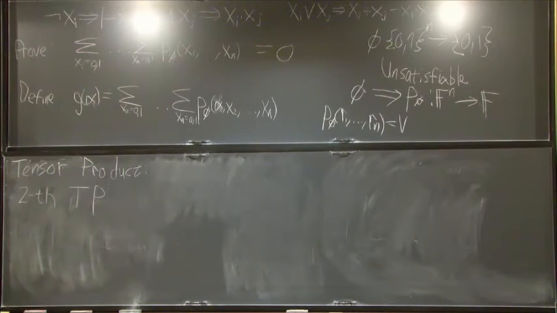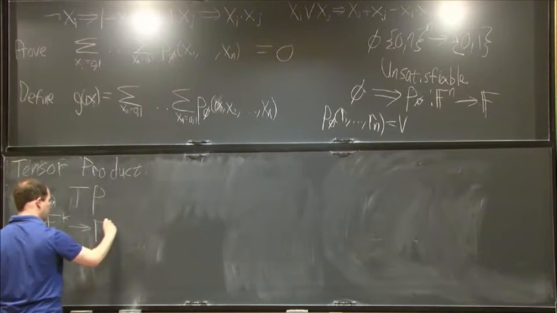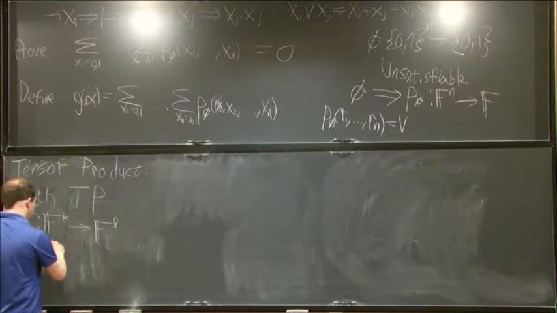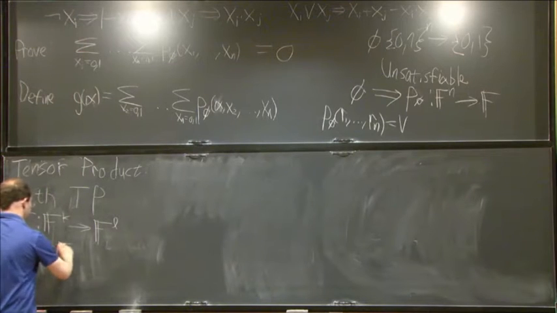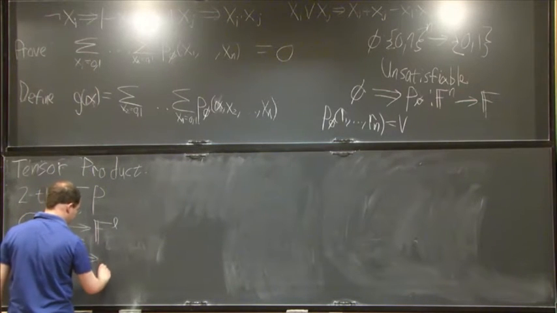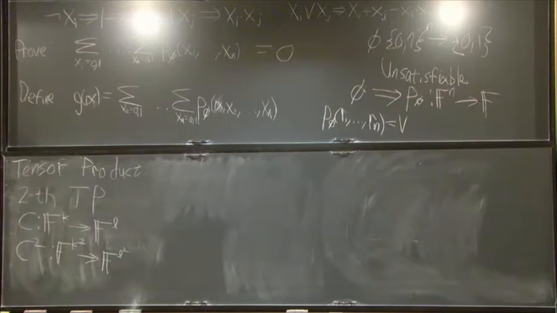Let's fix some code C from f to the k to f to the L. C to the tensor product of order 2 is a code that maps messages of length k squared to code words of length L squared.